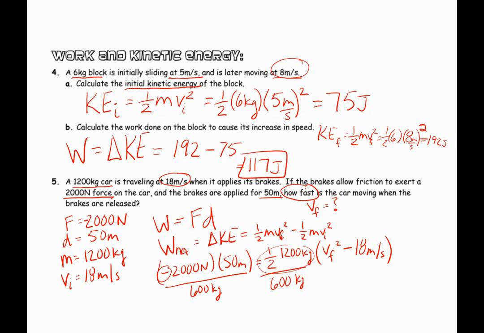Okay, and then I'm going to square root that. I'm going to end up getting V final is equal to 13.6 meters per second. Okay.